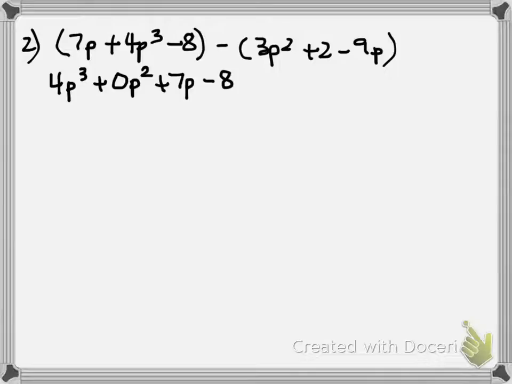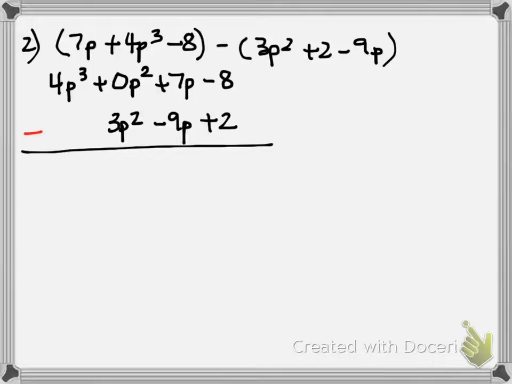Now, the problem looks like this. Now I'm going to rearrange these, and we have 3p squared minus 9p plus 2. The issue is we haven't taken the additive inverse of the second polynomial.